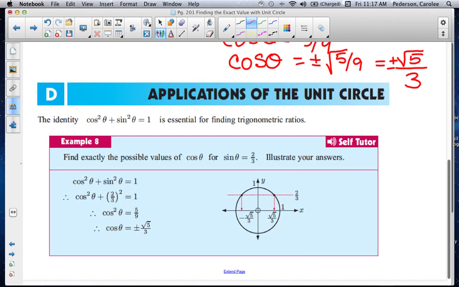So we will have a positive x and a negative x here for cosine. So what 2 quadrants do you get a positive 2/3? Here is my 2/3. There is my 2/3. So to find the exact value, the cosine of theta is plus or minus the square root of 5/3.